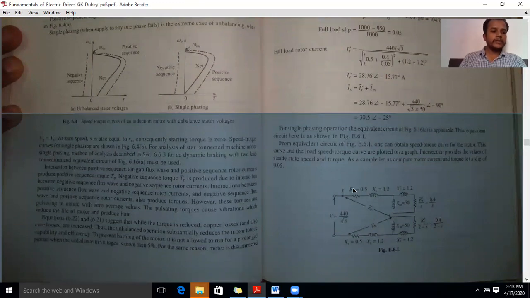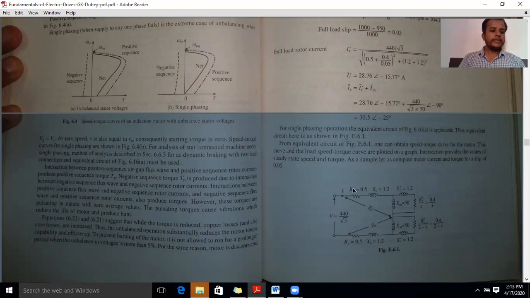So whatever three-phase induction motor is there, it has A, B, and C phases, and let us say the rotor is a cage rotor.